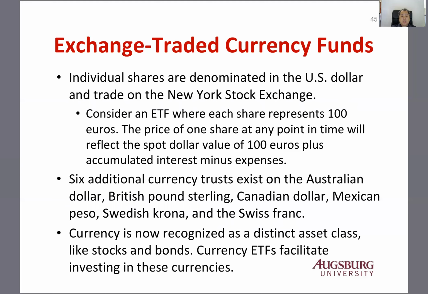So these are securities that you can trade on the New York Stock Exchange. Six additional currency trusts exist along with the euro: Australian dollar, sterling, Canadian dollar, Mexican peso, Swedish krona, and Swiss franc.